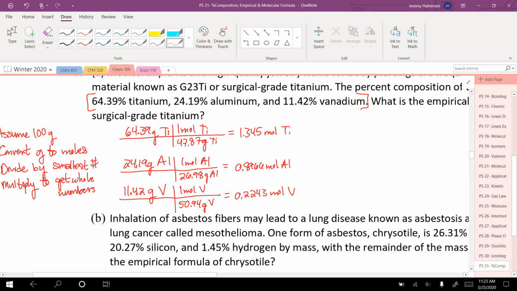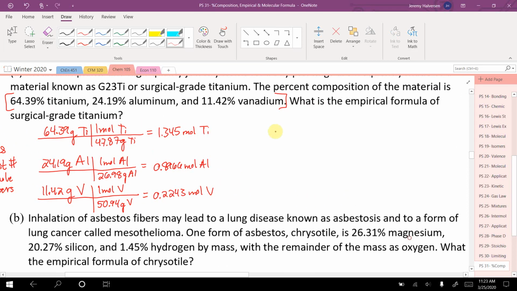All right, so technically, now that I've gotten the moles, I could say that my formula is titanium 1.345, aluminum 0.8966, and vanadium 0.2243. Okay, but that's gross, and we don't do that. We like to have whole numbers. First, we want whole numbers, so we have to multiply all of these by something to get whole numbers.